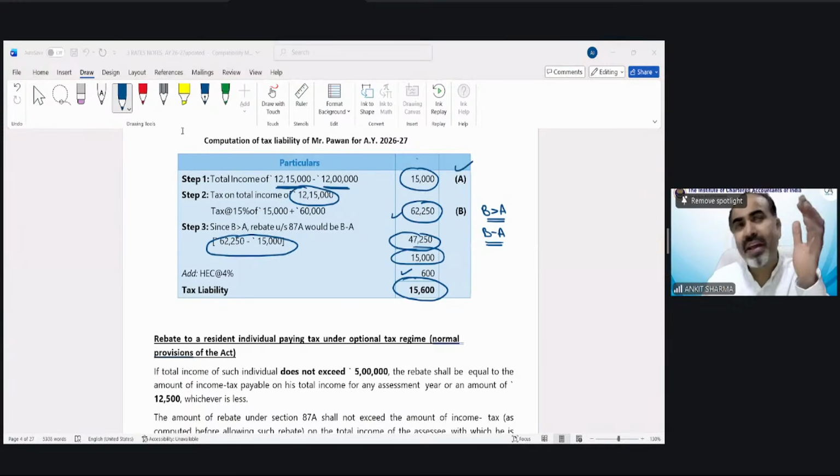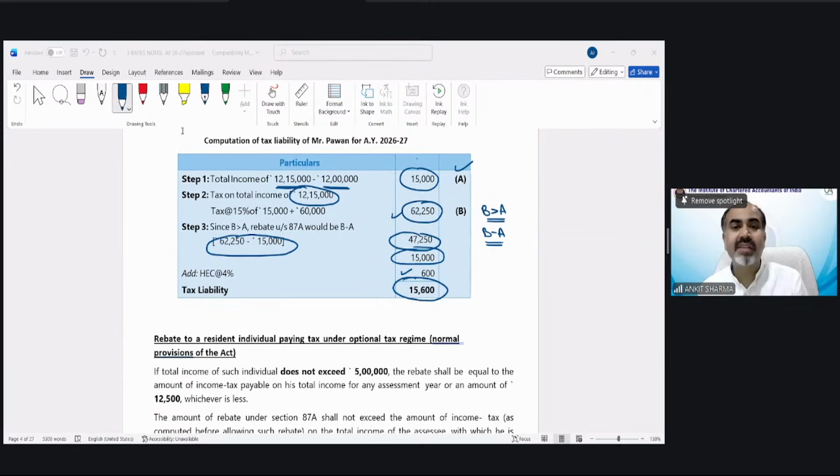Now let me tell you, in every numerical chapter there is a thing which is always inherent in it. Even if you are able to learn all the provisions correctly, even if you remember all the concepts and how much tax rate is applicable in which case, you won't be able to understand the concept until you practice numericals.